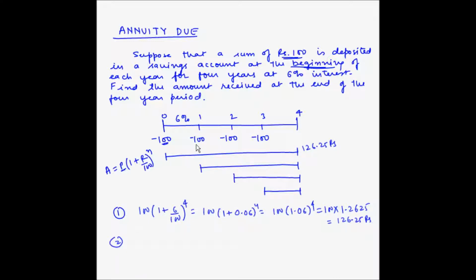Now let's move to the second installment of 100 rupees. This will accumulate compound interest for the remaining 3 years. 1 plus 6 by 100 to the power 3.